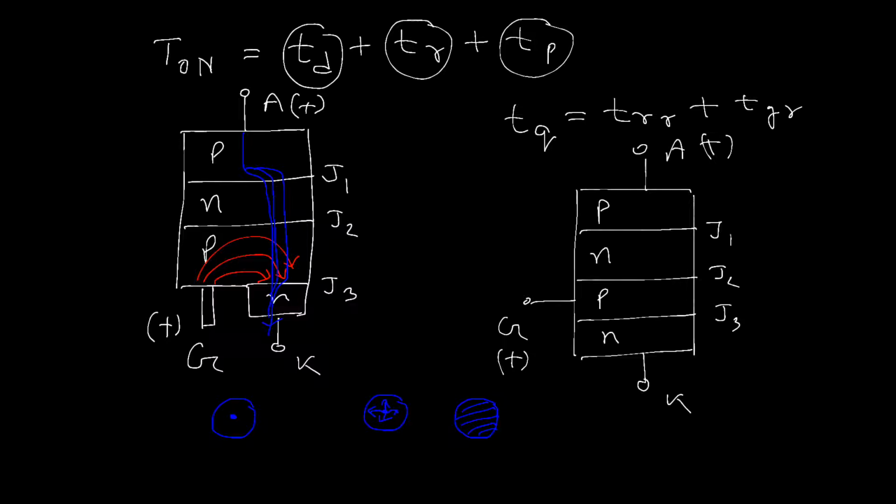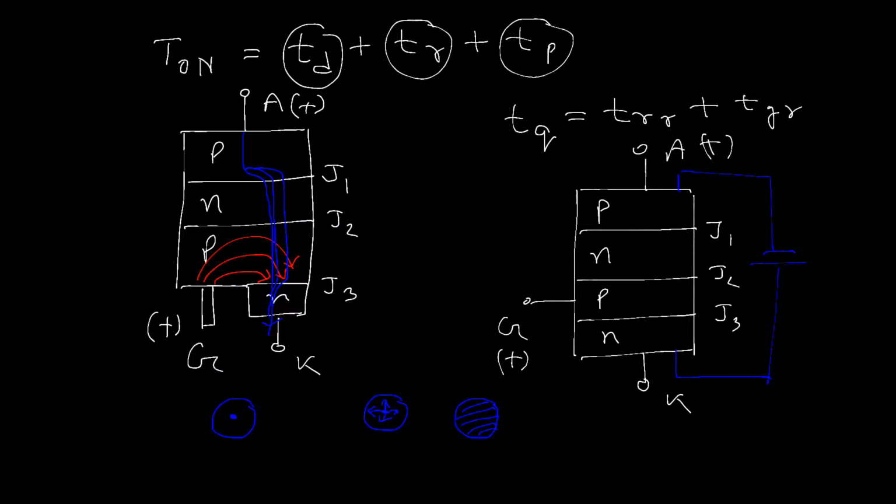So we can say the cathode is positive with respect to the anode, like this. You can assume it in this way. I don't know if it is the right approach or the wrong approach, but you can think in this way.